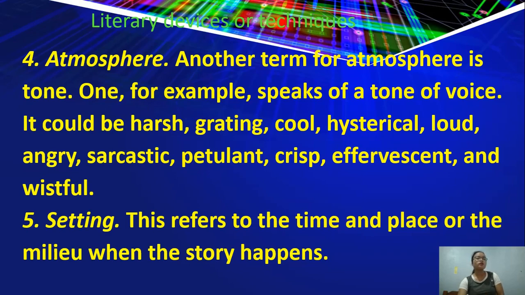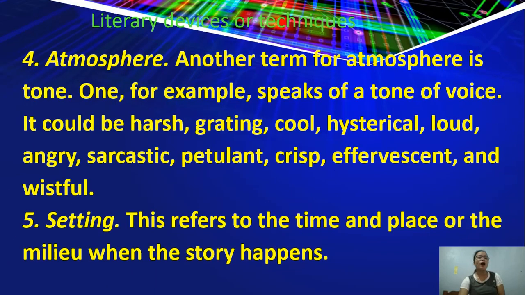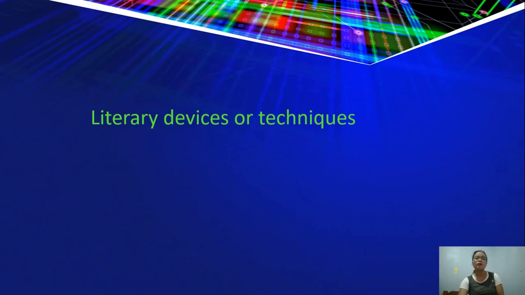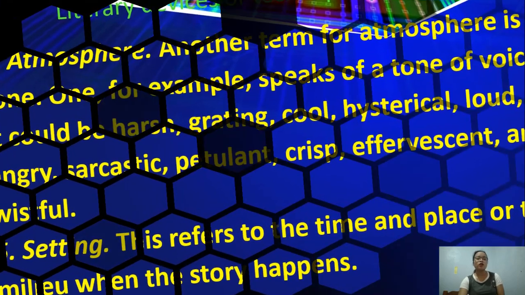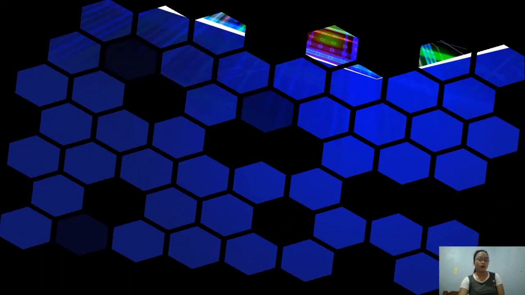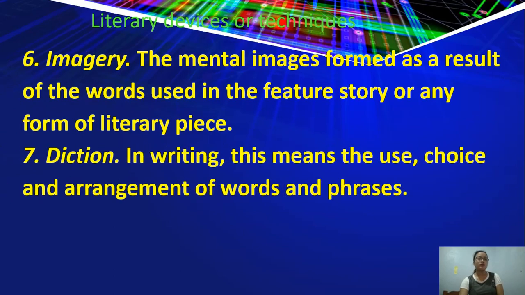A feature article should have, or as a writer you can use, different atmosphere or different tones of voice. Next, the setting. This refers to the time and place or the milieu when the story happens. Just like a story, a feature article can also have a setting, which pertains to time and place.